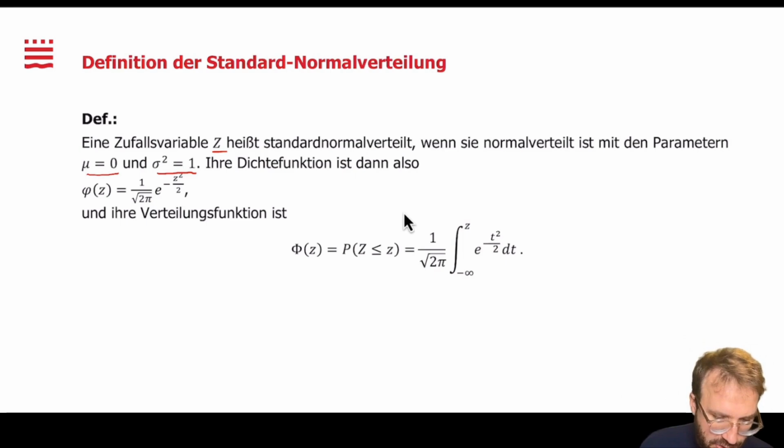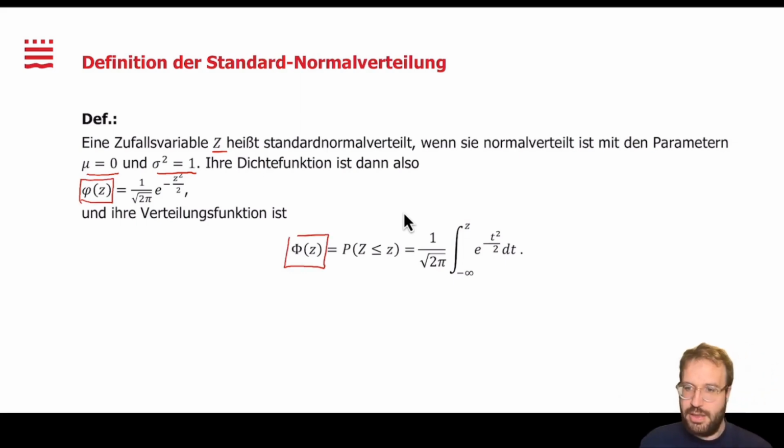And then the density function can be written a bit more simply as 1 over the square root of 2π times e to the power of minus z squared over 2, and we call that little phi, and we denote the distribution function with big Phi. Exactly. And that's exactly, as I said, this integral, and we can't calculate that in closed form either. It's not that we can calculate it all at once, but we can calculate it numerically.